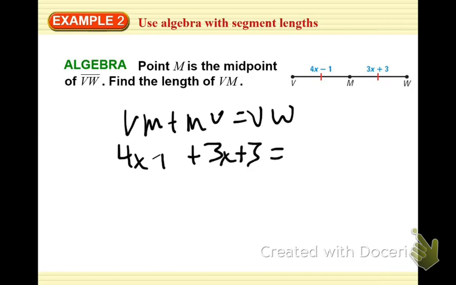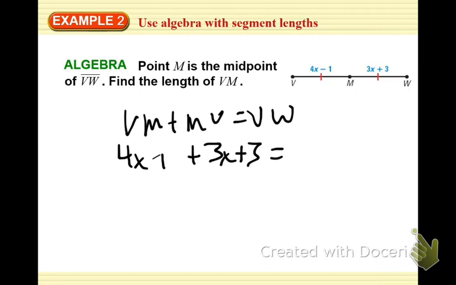VM is 4x minus 1. MW is 3x plus 3 equals, what's VW? What are we going to say it equal to? Uh-oh. Okay, tricked you. That's not going to work out very well, is it?